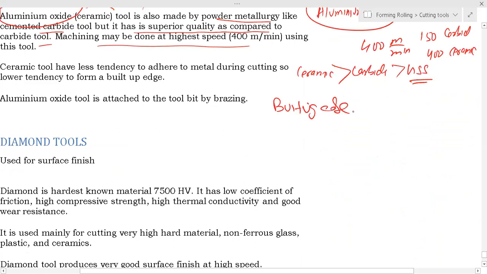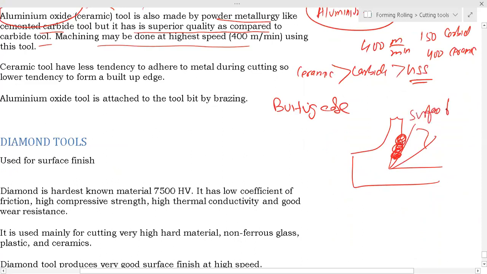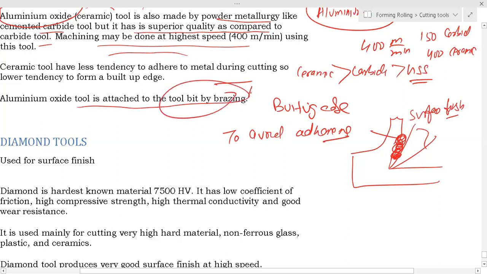Built up edge. The chip gets adhered to the tool, and because of this, surface finish decreases and the tool also fails. So ceramic avoids adherence. Aluminum oxide is attached to the tool by brazing. It is asked sometimes.